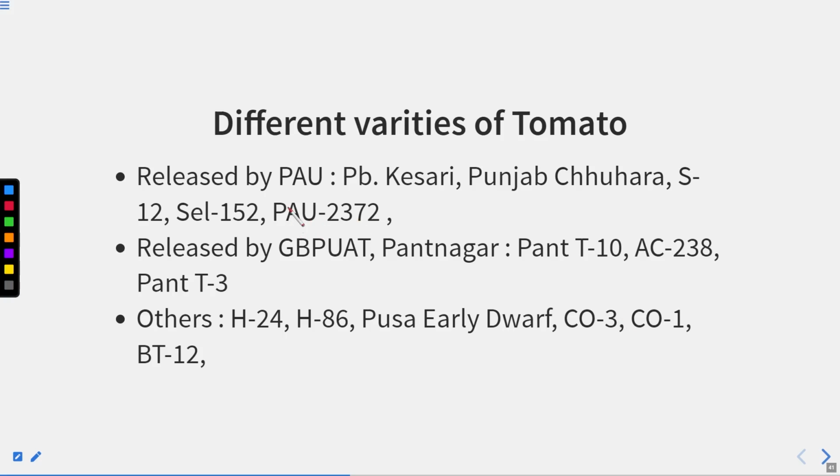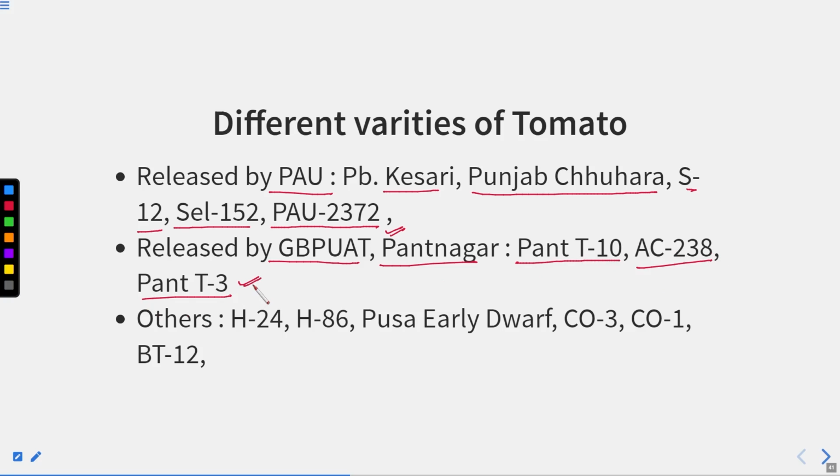Here are some of the varieties that have been released by PAU: Kesari, Punjab Chohara, S12, Cell 152, PAU 2372. And released by GB Pantnagar, there is a university that releases Pant T10, AC 238, and Pant T3.